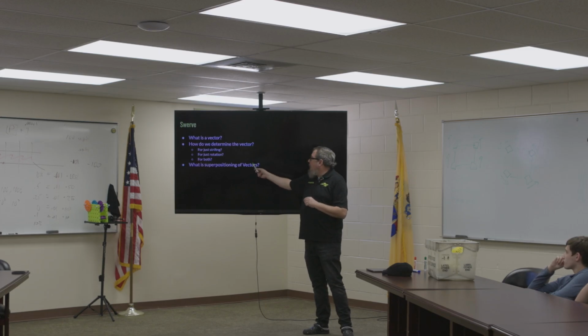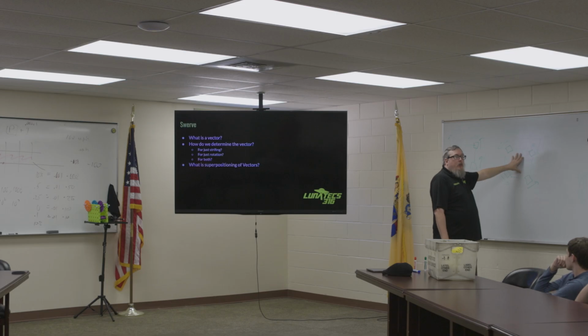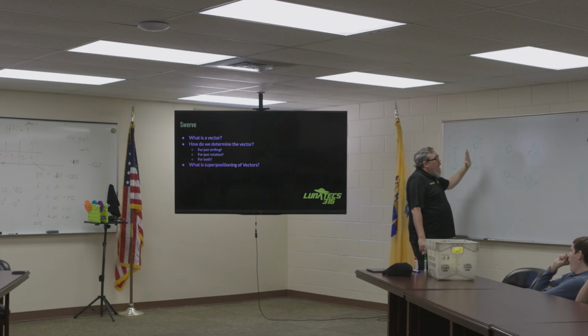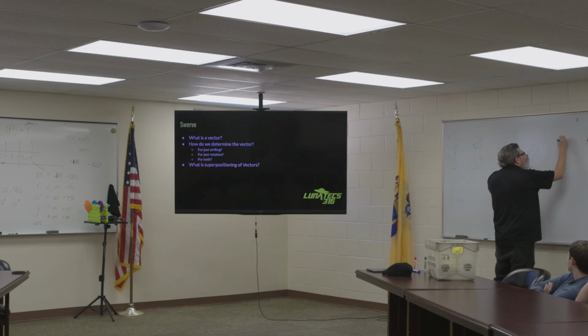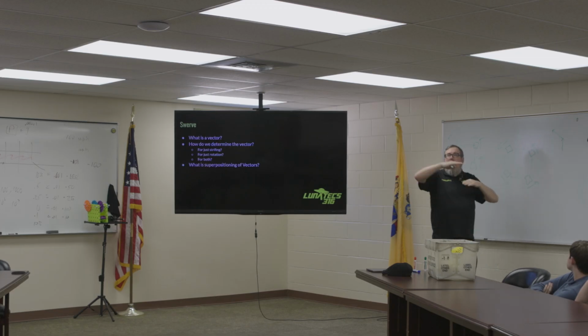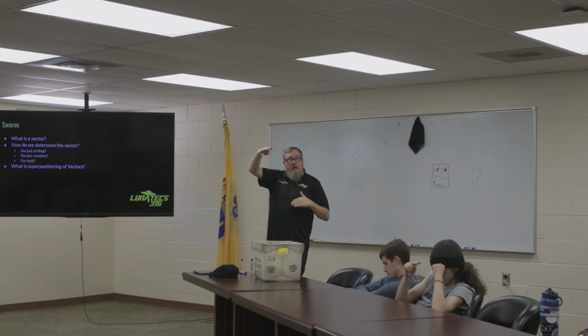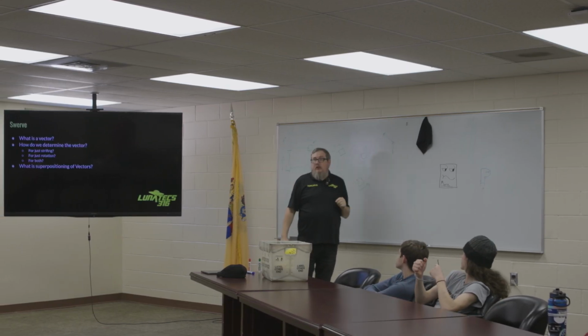What we do is we use something called superpositioning of vectors. I can calculate where I want to put my wheels based off of two vectors. So if I want to go downfield and I'm looking at this wheel, I can calculate the position based off the magnitude. The magnitude will be how long the arrow is, and the way it's facing is its direction, okay?